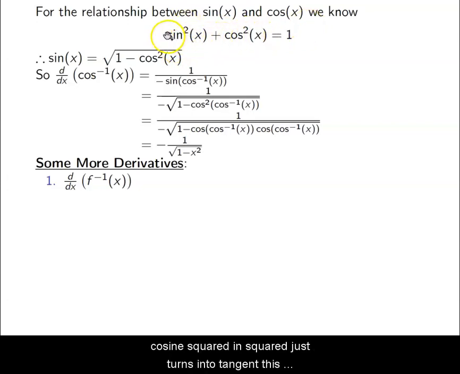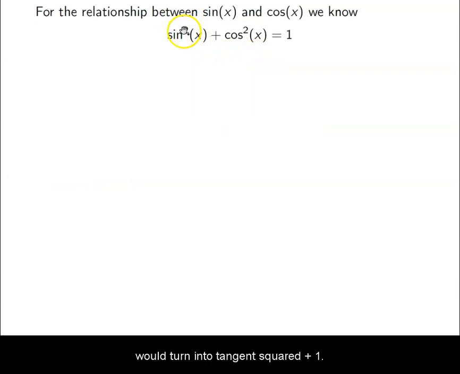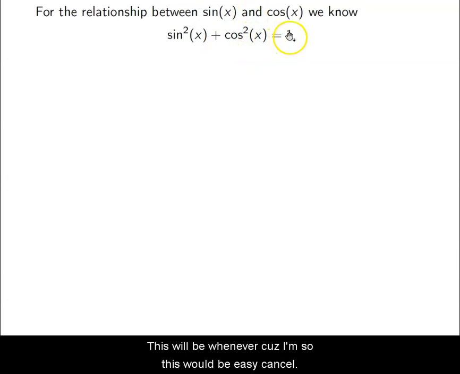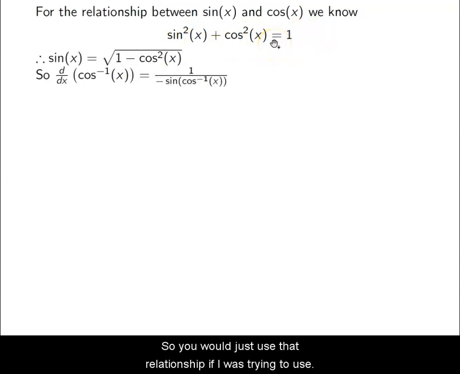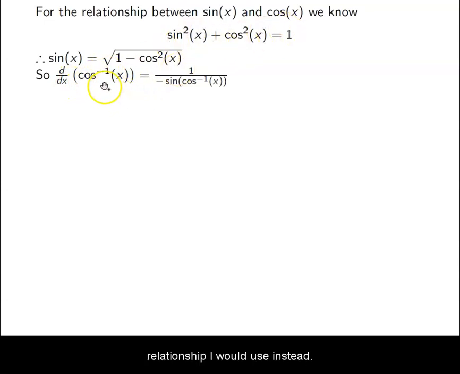If I divide everything by cosine squared, this turns into tangent squared plus 1 equals 1 over cosine squared, which is secant squared. You would use that relationship if you were trying to find the derivative of tangent inverse.